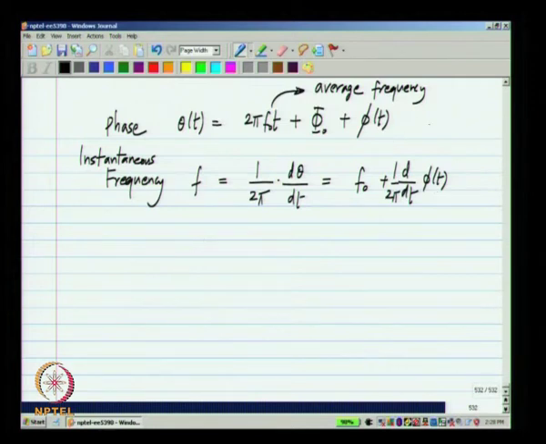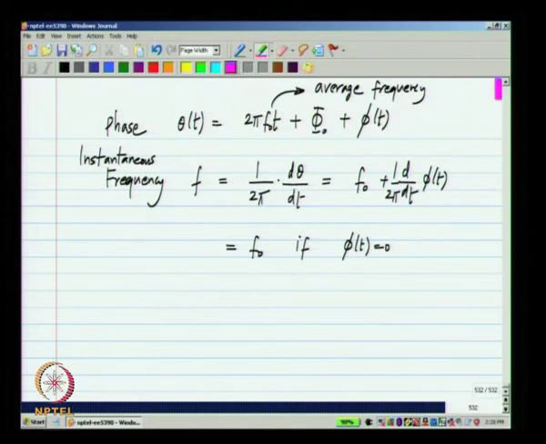Now, if the time varying part, phi of t, is 0, the instantaneous frequency equals f naught.